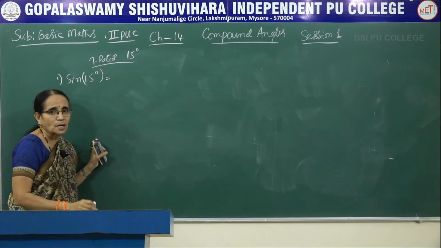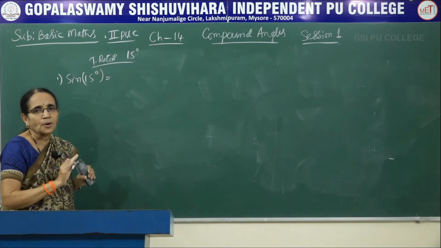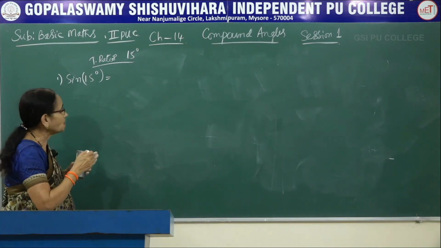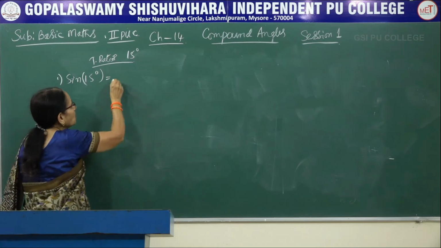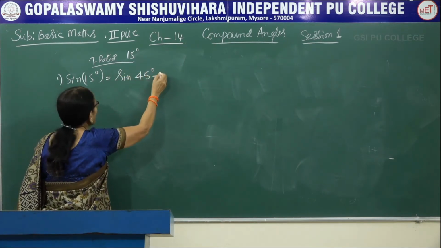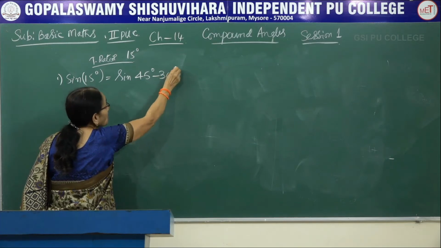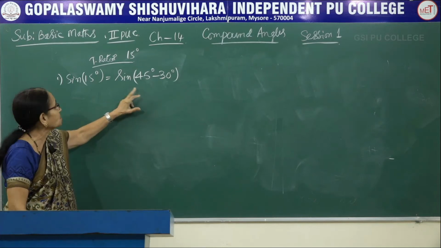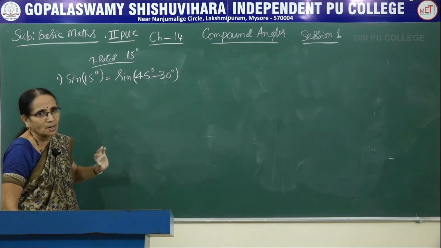Now 75, I split that as 45 plus 30. I have to add two angles. Now 15, it's a smaller value. Now let me write it as the difference of the two angles here. So 15 degrees could be expressed as 45 minus 30.